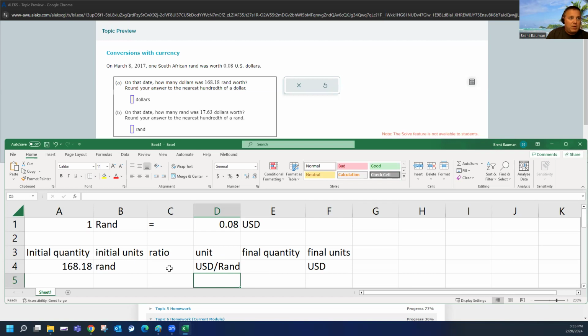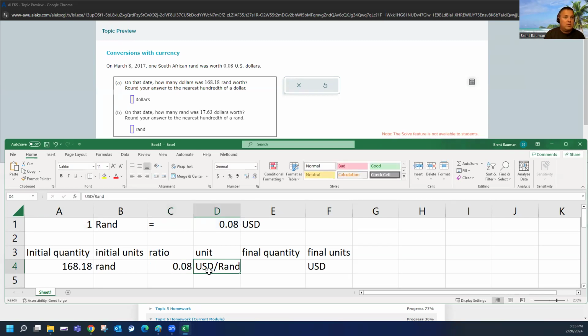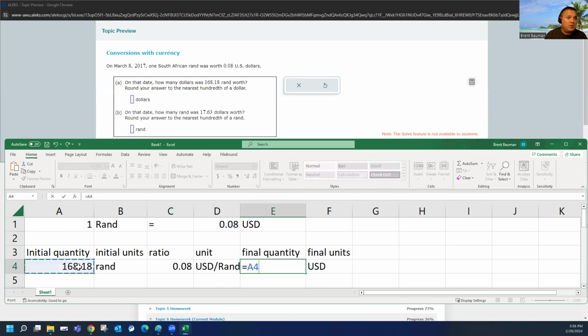When I set up my ratio to use, I need to make sure the ratio is US dollars divided by rand. So we start with the equals, the US dollars divided by the rand. You need to make sure it's set up the same way as your units. Then our final quantity is just the initial quantity times the ratio that you set up.